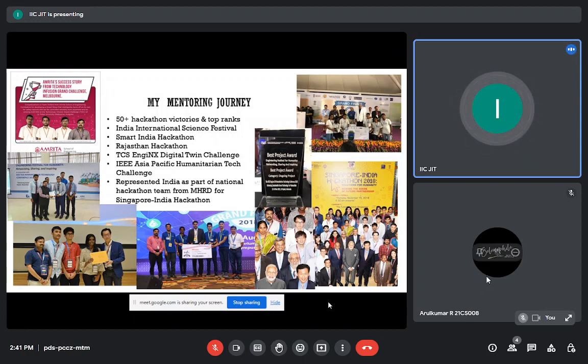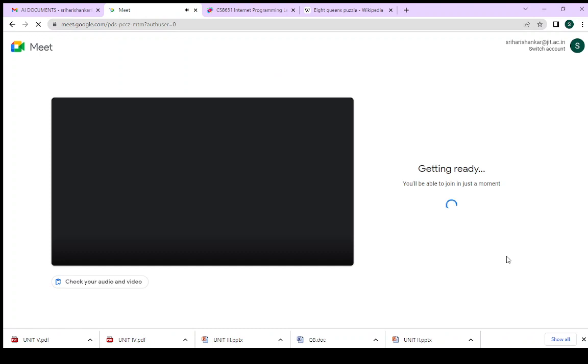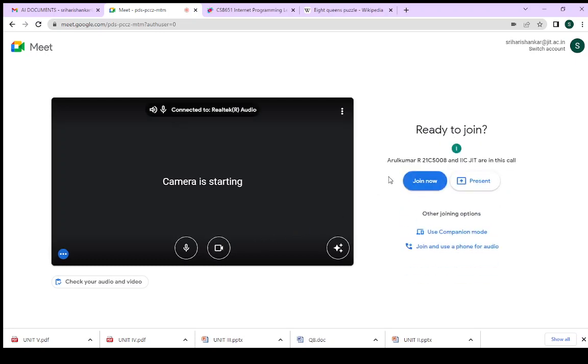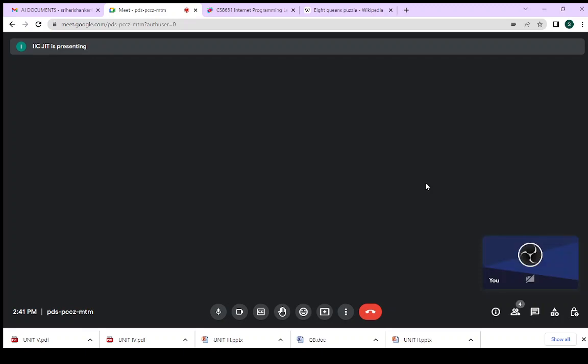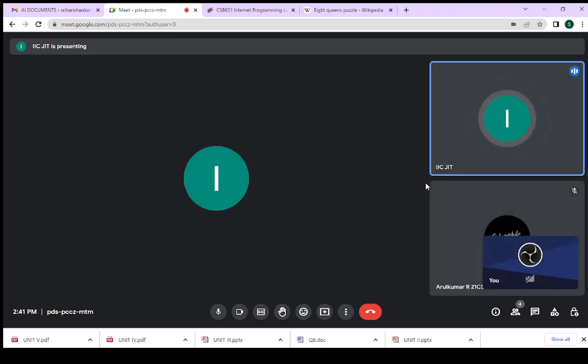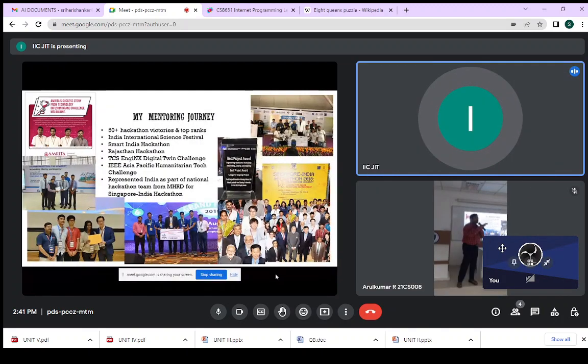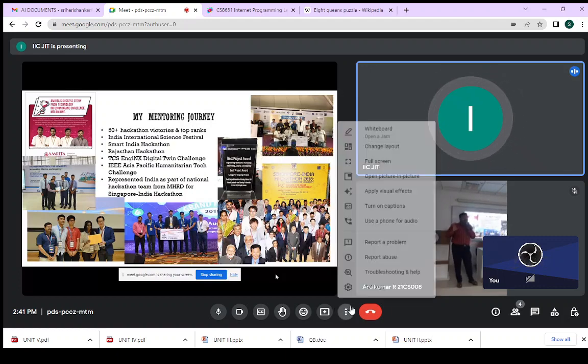The other 2 students, one girl is going to the US. The 4th person is in a startup called Roadrunner. Again, both of them are getting close to 30 to 40 lakhs per annum.